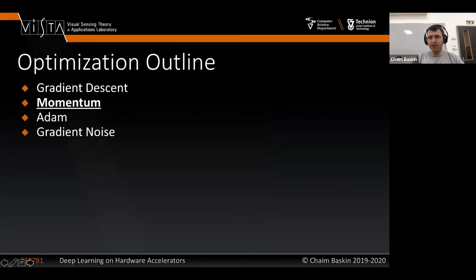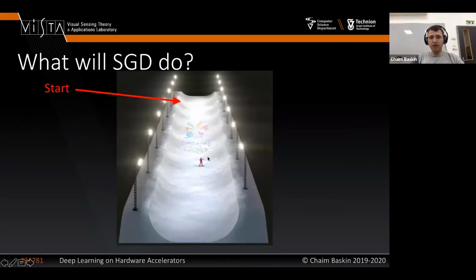Okay, so gradient descent is a great, very useful algorithm, but let's try to make it better. We will use momentum. So this is our curve. SGD is zigzagging from here to here, from here to here, and so we are moving orthogonally to the direction of the minimum, the optimum point.